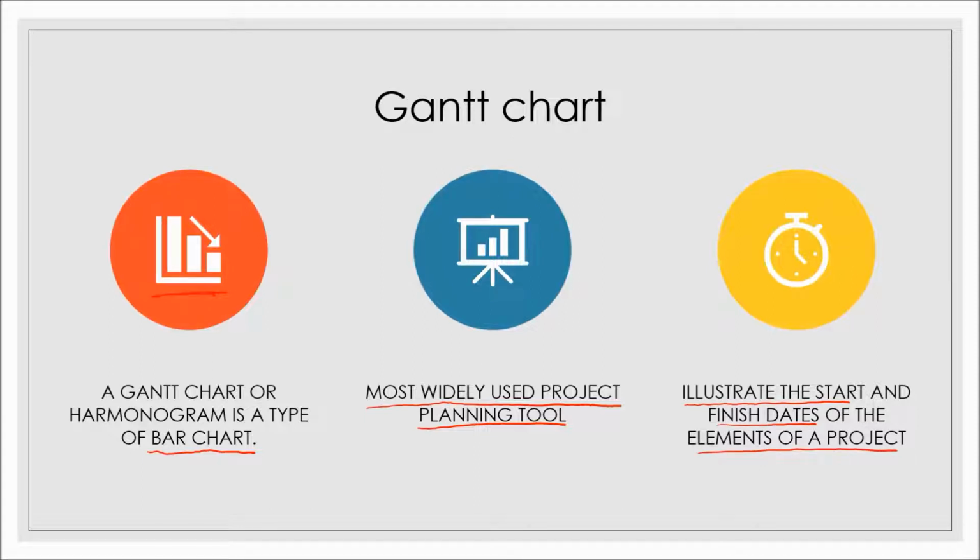Now you may have different elements of the project, like in case of software projects we may have activities like requirement specification, design, coding, testing, documentation. So we'll be illustrating the start and the finish dates of all these elements in Gantt chart.